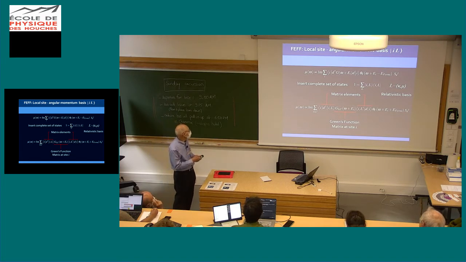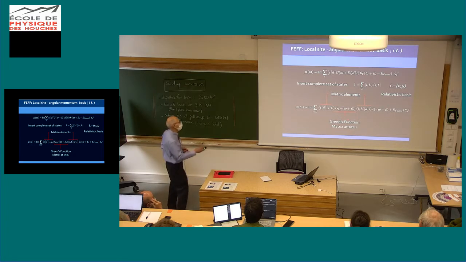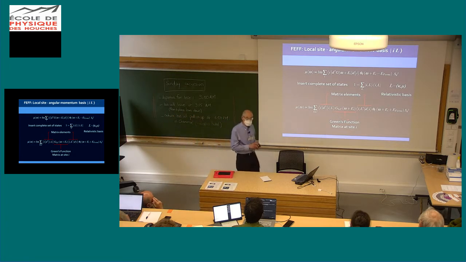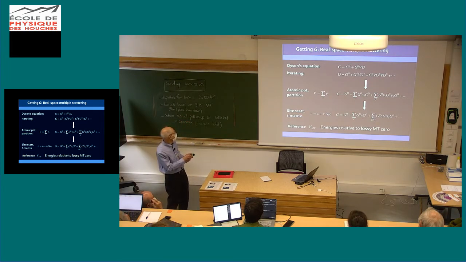And so if you put that in, this calculation of the X-ray absorption becomes a product of local matrix elements between a core hole, a dipole operator, and a state IL. We have to sum over L and L prime. So what we need is this Green's function matrix. And you can guess how we get it. Basically, we use the site scattering T matrix and get this equation.